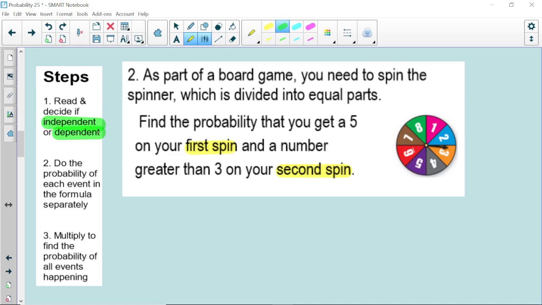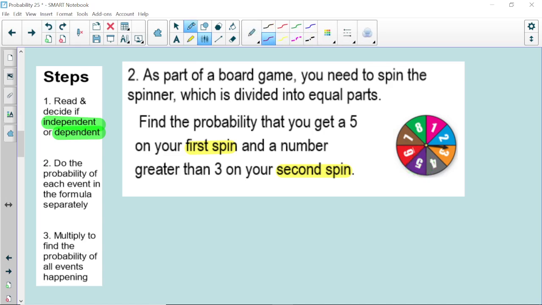If we spin the spinner and we get a 5, are we now taking the 5 out of the spinner? No. So that means our second spin, the 5 is still there. We can still spin another 5. Spinning a 5 does not change the spinner itself.